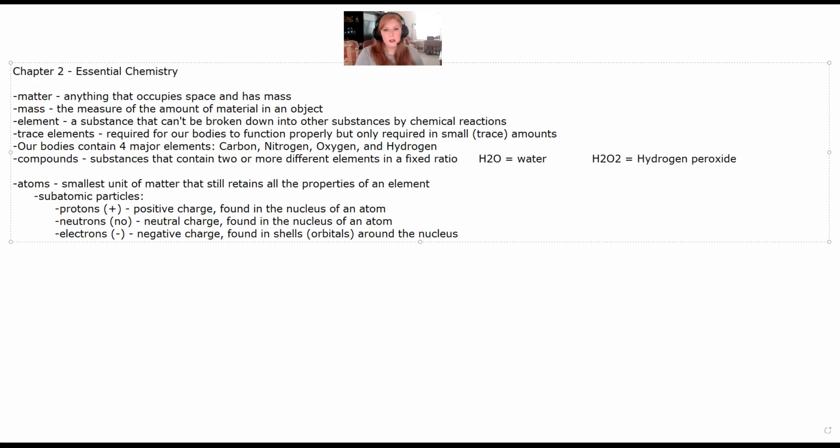Okay. So if this is my nucleus of an atom, right, my nucleus is going to have protons in it and neutrons, right?